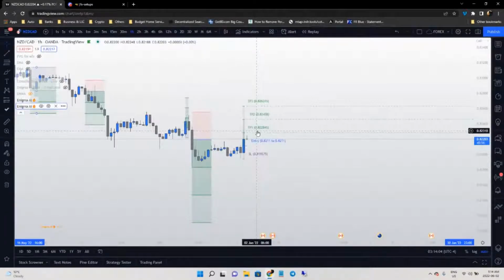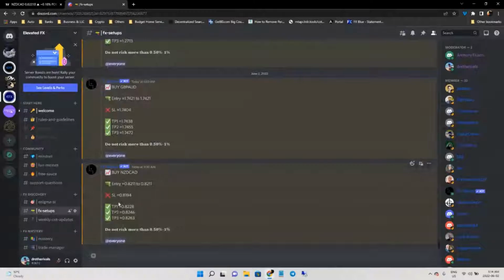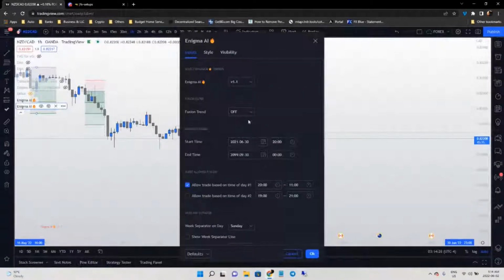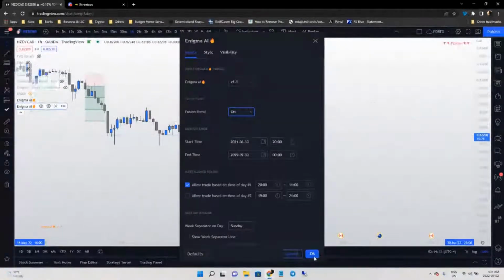This is an extra feature that you may not know: if you put the filter on the version that you're using, the FX setups that are sent out are based on the version 1.1. Okay, if you have the fusion trend on, it is going to filter out the signal or the trade idea.